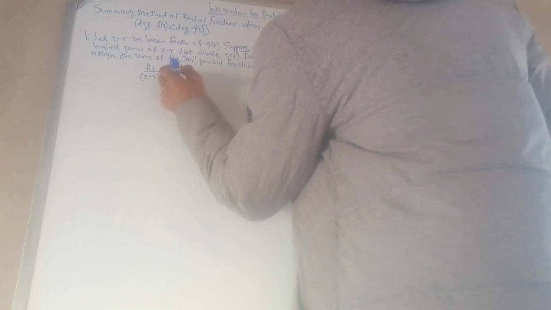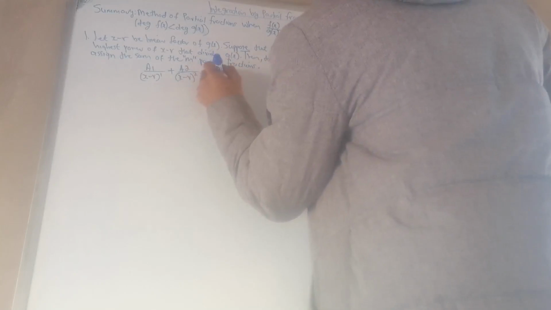Okay, plus I'm assigning the sum of m factors. So I will have my a2 divided by x minus r squared. What is this? This is the sum of m factors in that increasing order of exponents: 1, 2, 3, and so on.